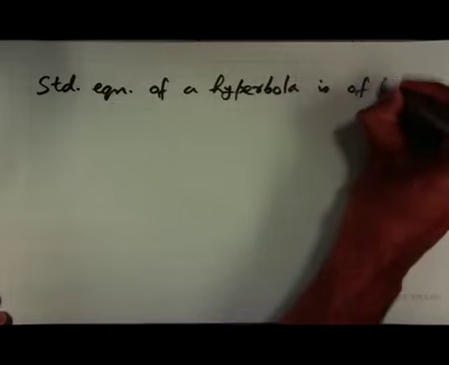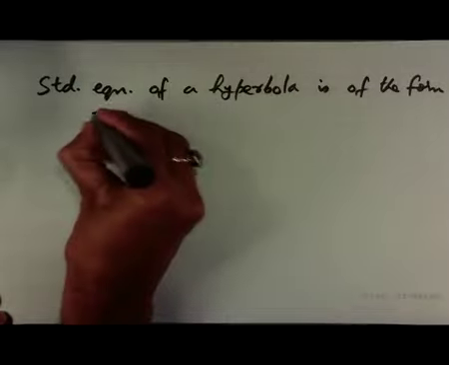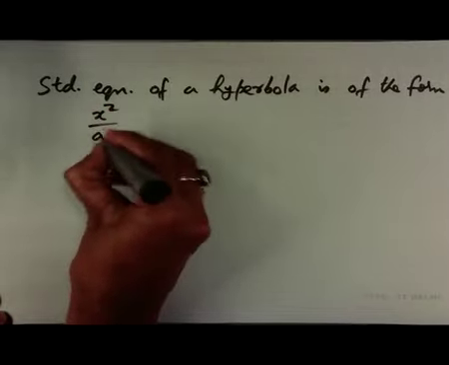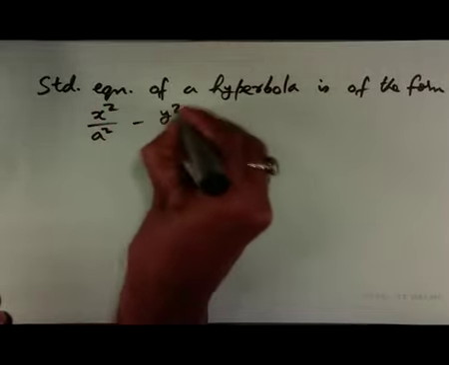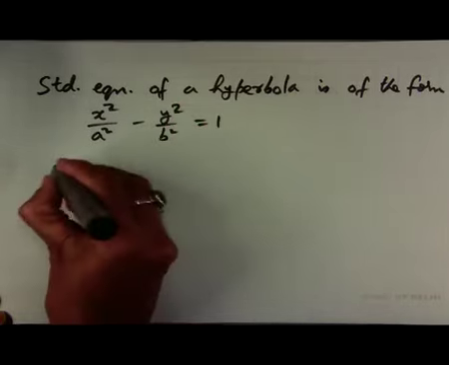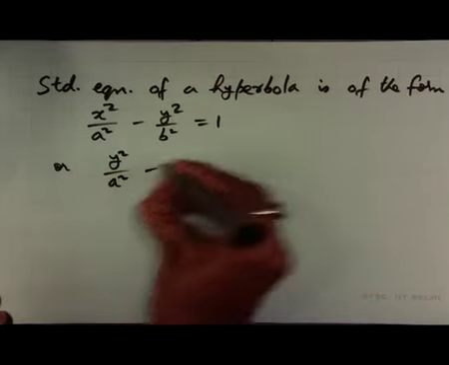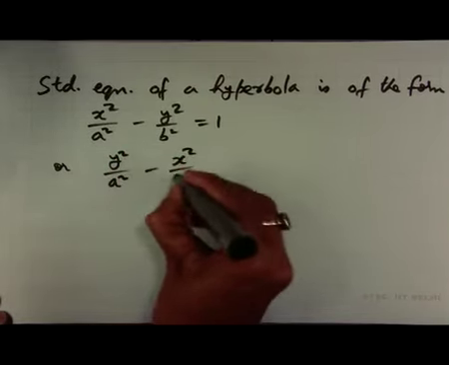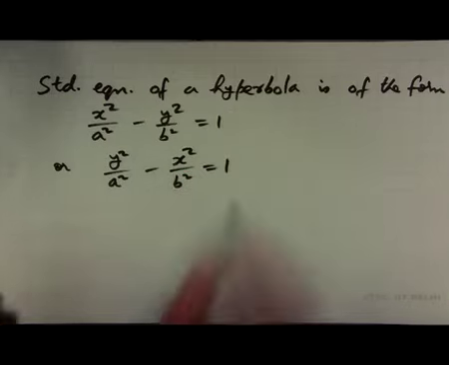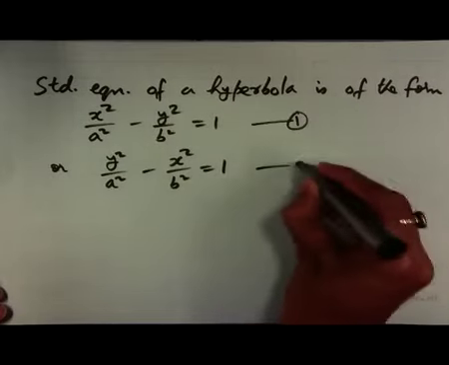It is of the form x square by a square minus y square by b square equal to 1, or y square by a square minus x square by b square equal to 1. So, this is the first and this is the second form.